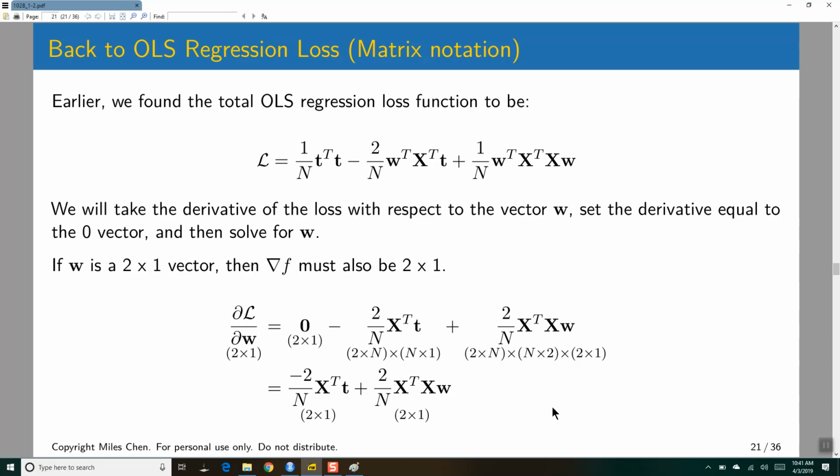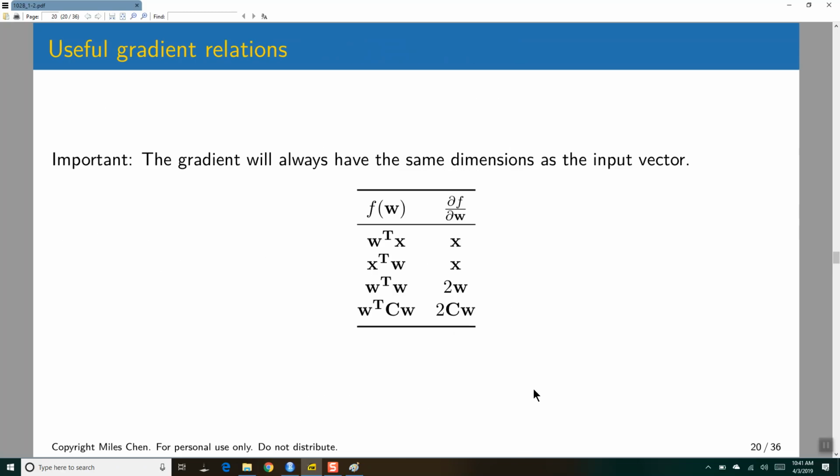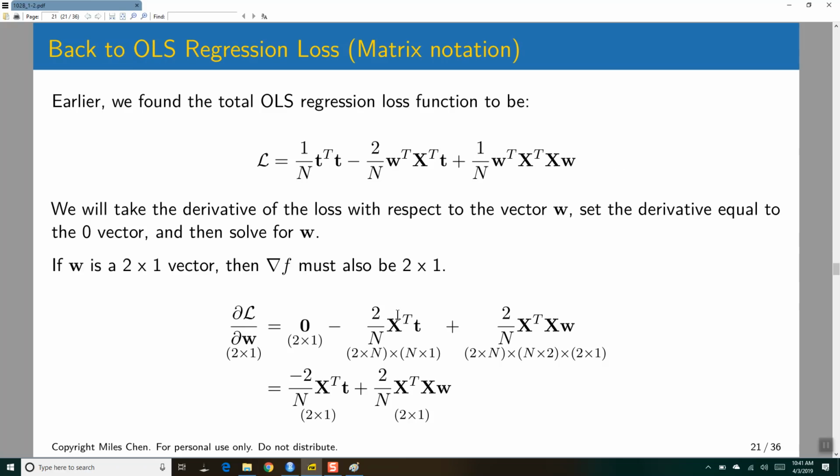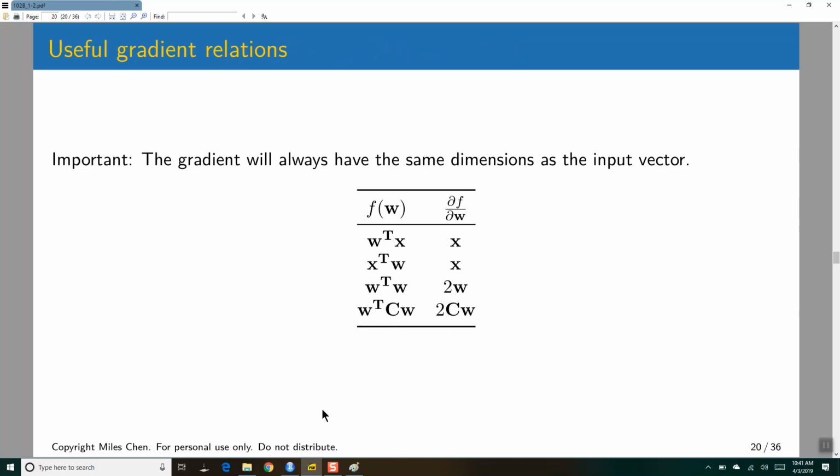Good? Yes, question? So for the third term, it's like 1 over n on top and 2 over n on the bottom for the third term. Yes, because this is basically w transpose times a constant, w transpose times a constant x transpose x w. So this C here is x transpose x times w.